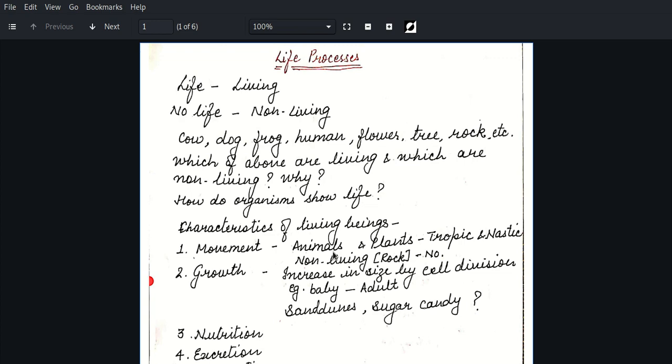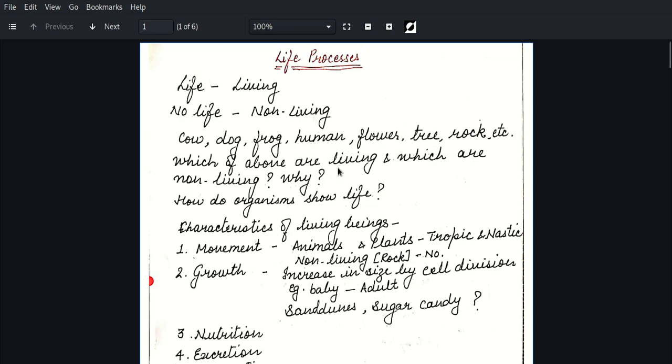Hello students, we are going to study Biology chapter 6, Life Processes. When we see around us, there are many things: cows, dogs, frogs, human beings, flowers, trees, rocks, buildings, even table, chair, pen, pencil.